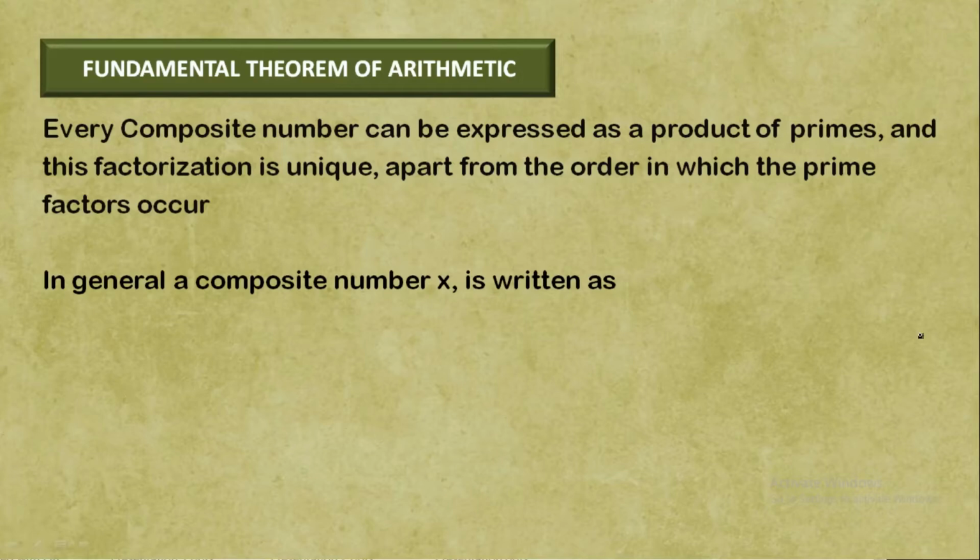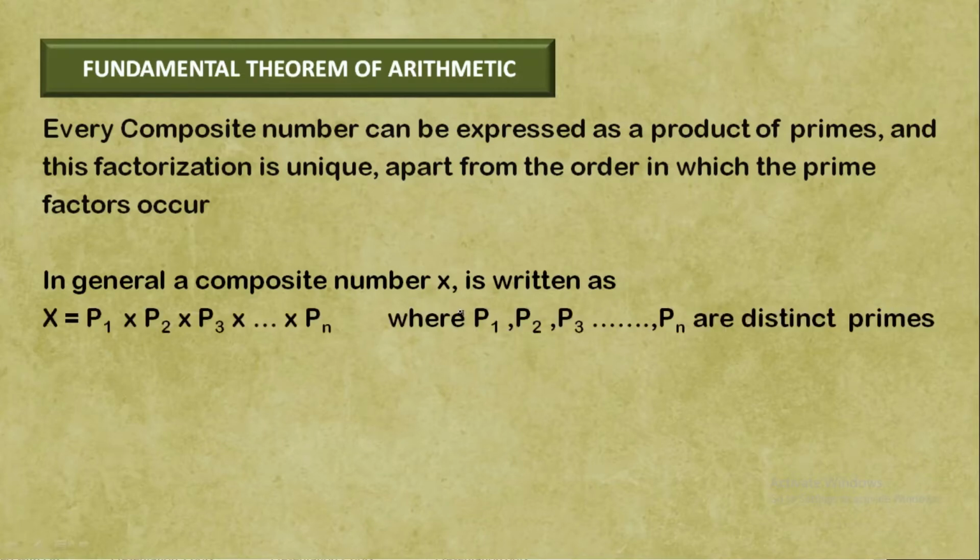It differs from person to person. So if we take a number x which is composite, it can be written like this: p1 into p2 into p3 and so on up to pn, where p1, p2, p3 and so on up to pn are distinct primes. That means they are all different primes.